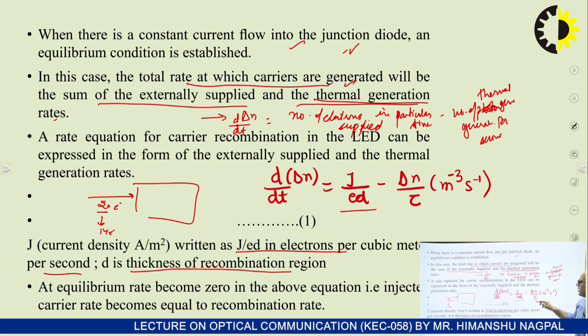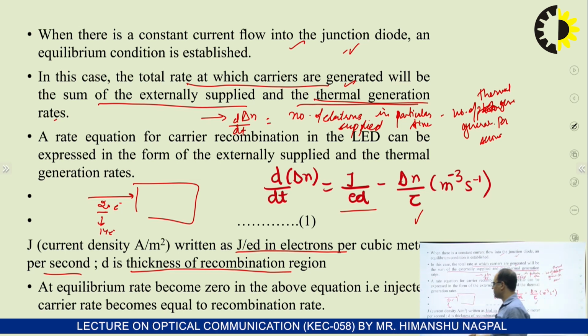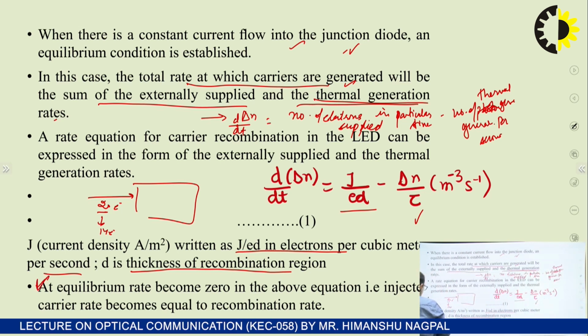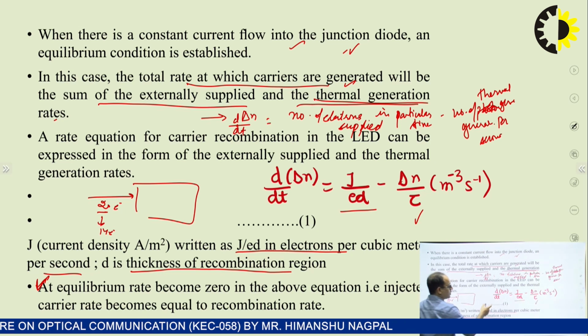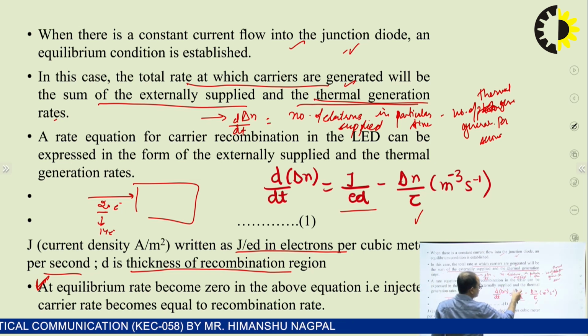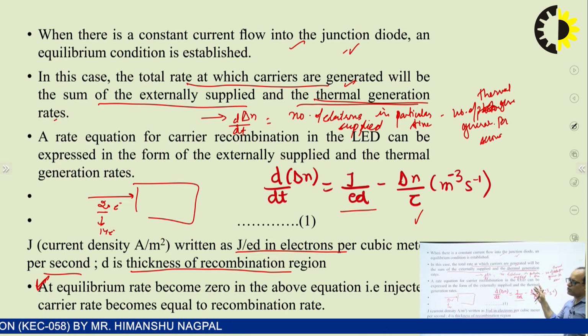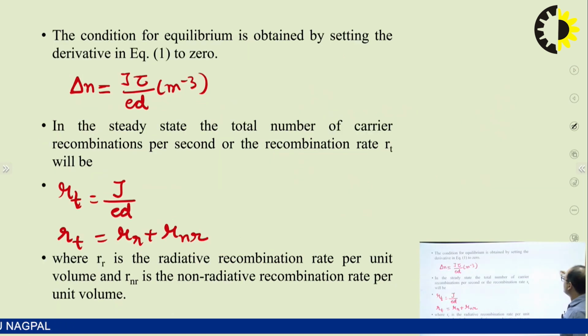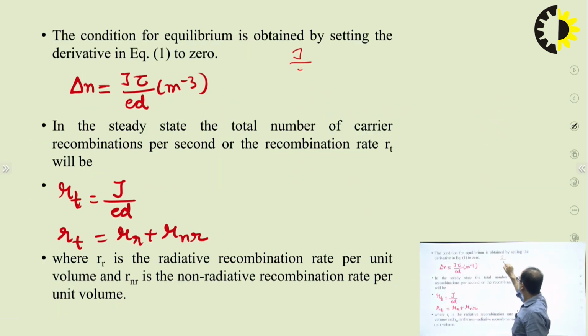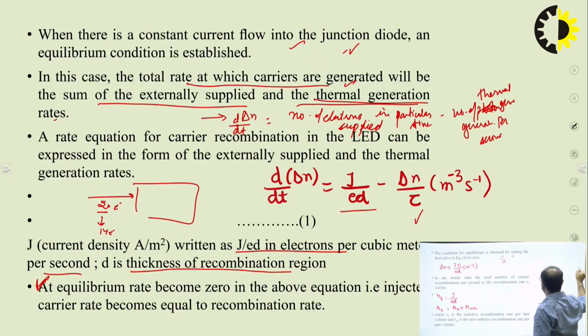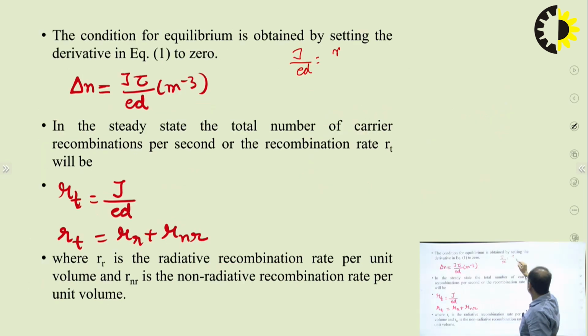Now at this equilibrium condition, the number of electrons we injected should equal the number of photons generated, or you can say the number of electrons that get radiative combination, non-radiative combination, that is J by ed will become equal to delta n by tau.